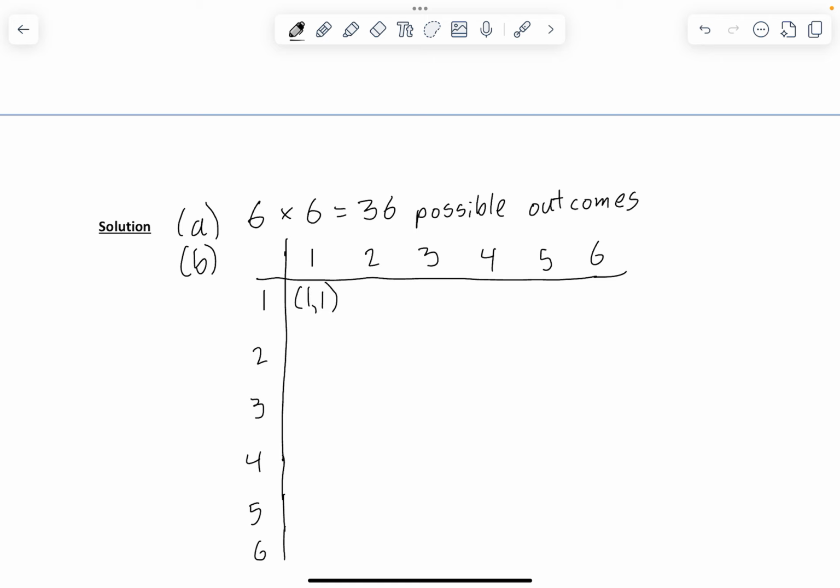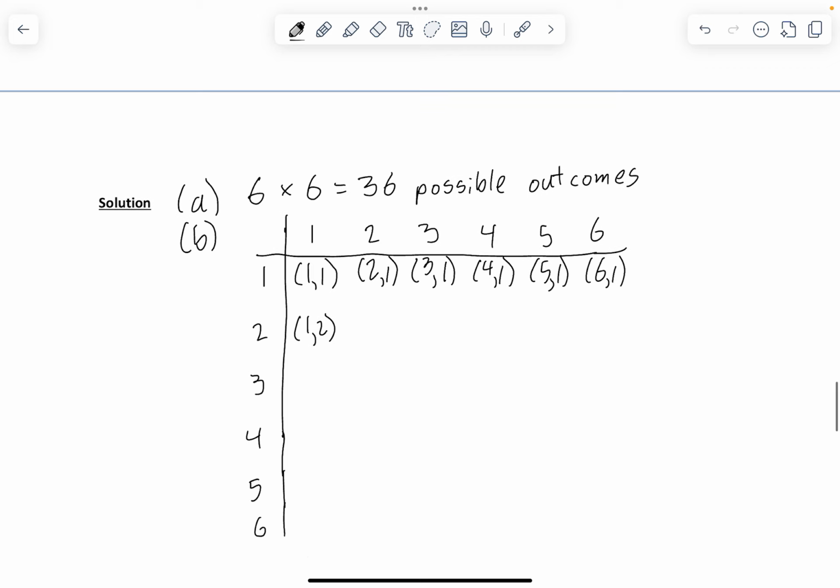This would be 1,1; 2,1; 3,1; 4,1; 5,1; 6,1. Down here we would have 1,2; 2,2; 3,2; 4,2; 5,2; 6,2.